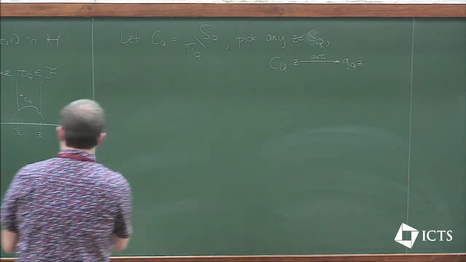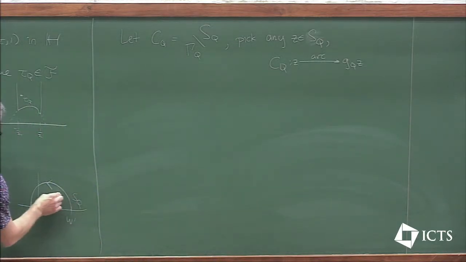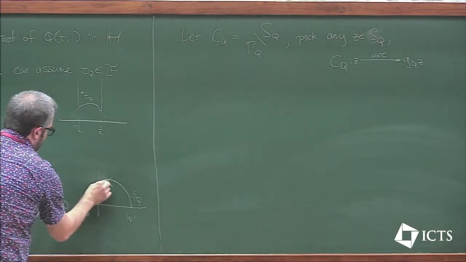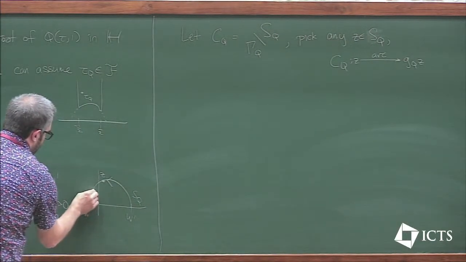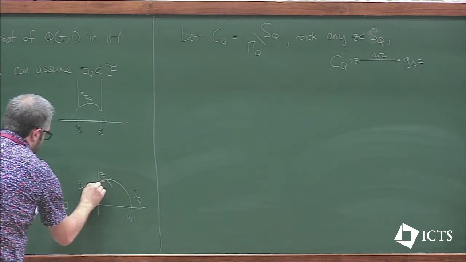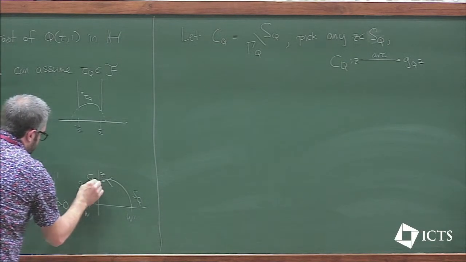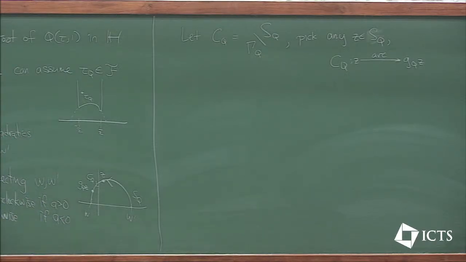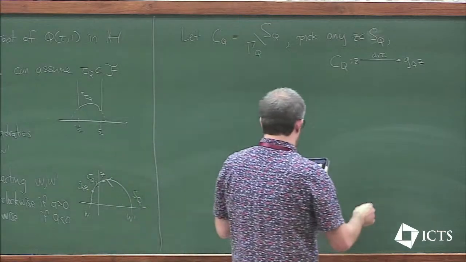Okay, so what does this look like on the picture? We just pick any Z here that we want, and then we find GQ of Z, and this little piece here will be CQ, and that's going to now be a finite length piece of SQ. This is very nice.